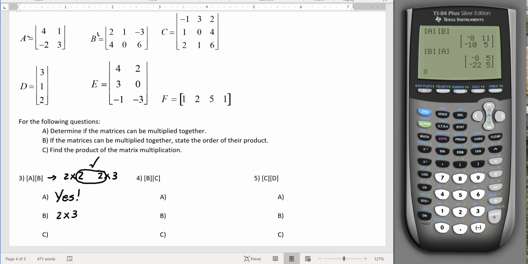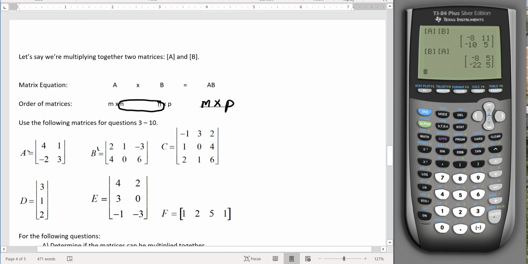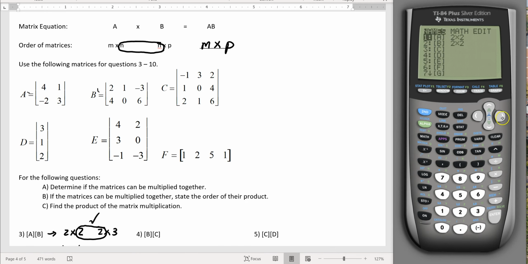C, find the product of the matrix multiplication. This is the same matrix A as above, 4, 1, -2, 3, so I don't need to retype that. However, this is definitely a different matrix B, so let's change this up. I need to do second matrix, go over to edit, and edit matrix B. I'm going to change this to a 2 by 3 matrix because I have 3 columns now.